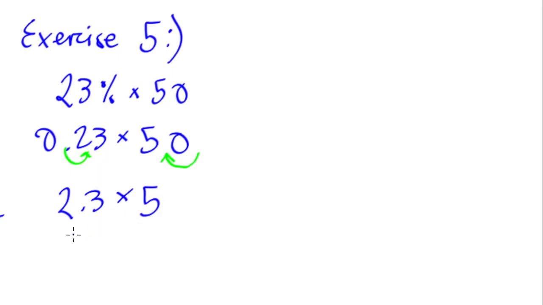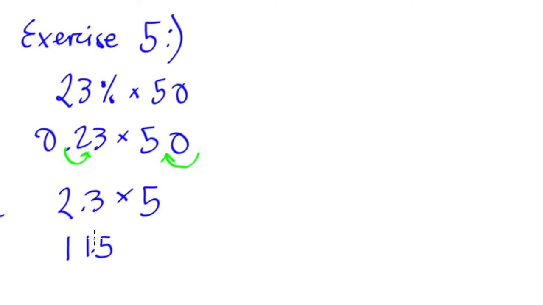So multiplying 2.3 by 5, what will we have? Since we're multiplying by 5, apply the concept of multiplying by 5. We will half this and put another one. Move the decimal point one more. So if we have 2.3, what's the half of 2.3? 1.3 is like 1.5.